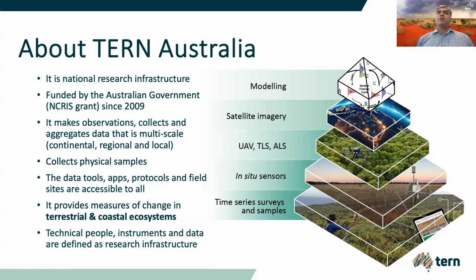On the same plots, we run the UAV. That is a new program TERN has started, with the idea of monitoring more frequently than human observation. Currently we have collected data from at least around 75 sites.